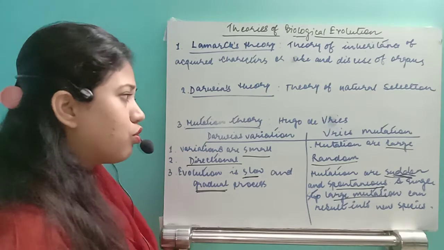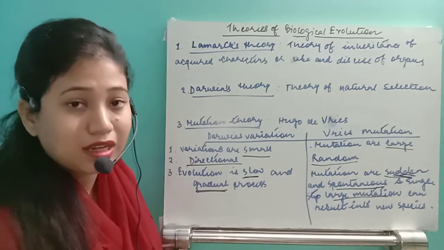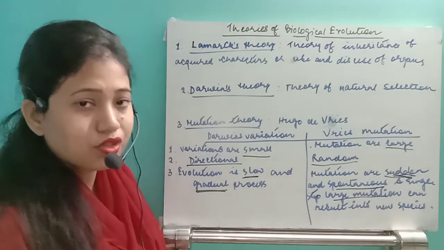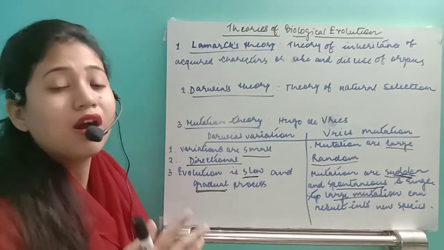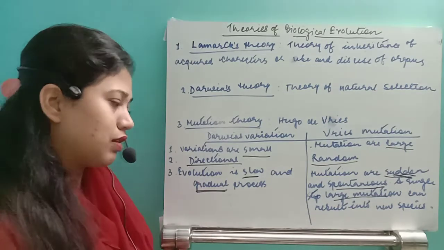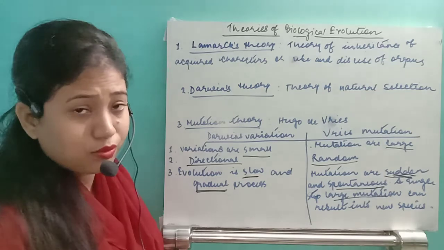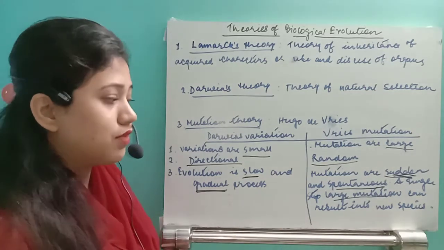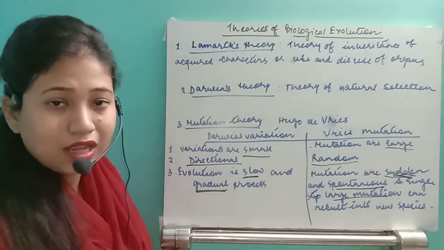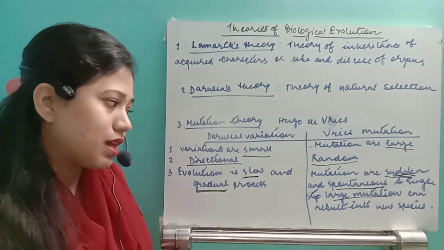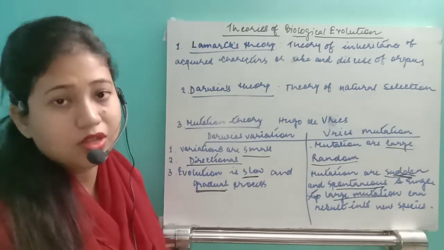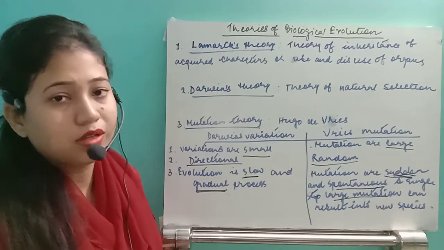So according to Hugo de Vries, the mutation process is sudden and has no direction. But according to Darwin, the process is directional, that means it has a definite direction, and evolution is slow and gradual, while Hugo de Vries said that evolution occurs suddenly, randomly, and a single step large mutation can result in new species.